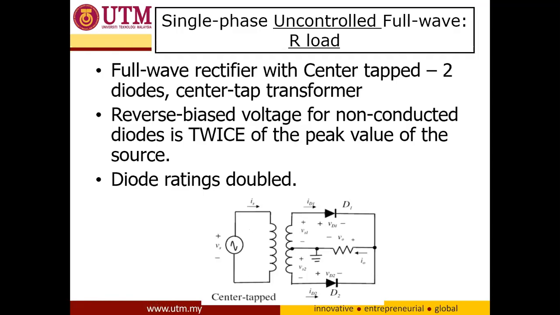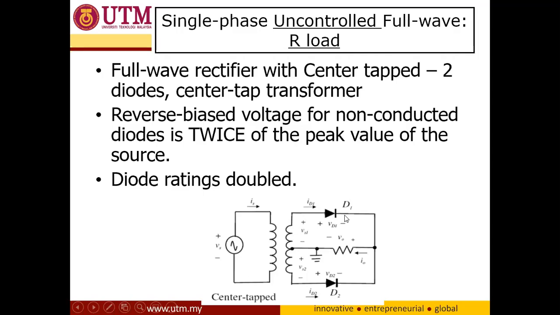But there are also some limitations for this center tap circuit, where we will see that the voltage blocking capability of the diode used for this center tap is actually twice the peak of the source.